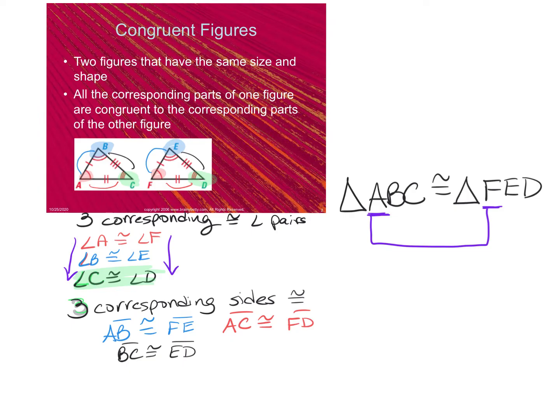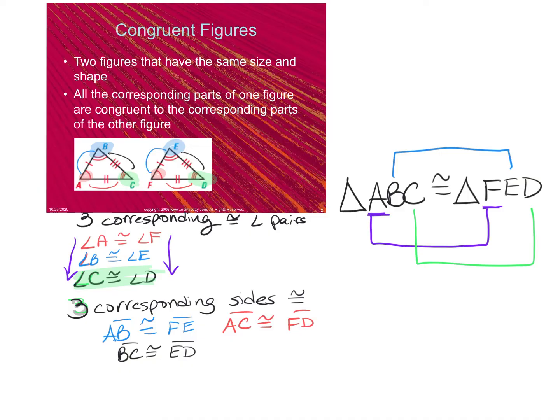And then the blue ones, that was the B and the E. And notice they're the second letter in the statement. And then lastly, the green one, and that was going from C to D, and that would be the third congruent angle pair.